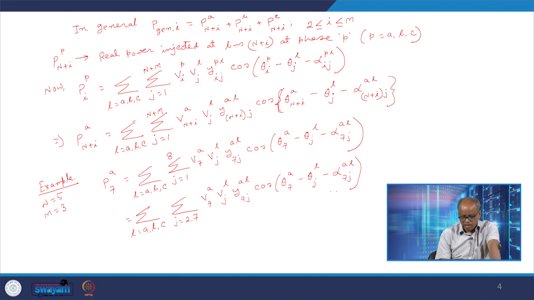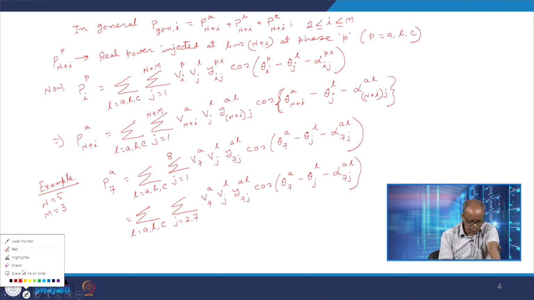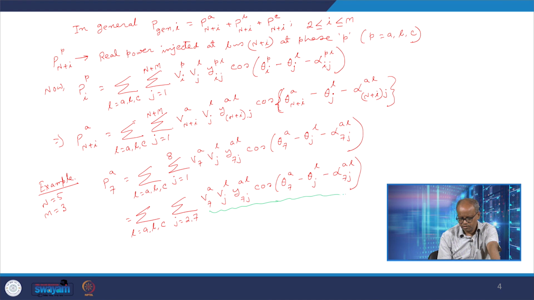Right, so now it has become considerably simplified. So how many terms would be there? There would be only 6 terms. When I am talking about a term, we are saying that these are one single term. So there will essentially be only 6 terms.